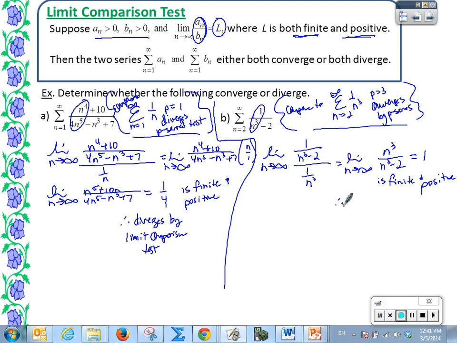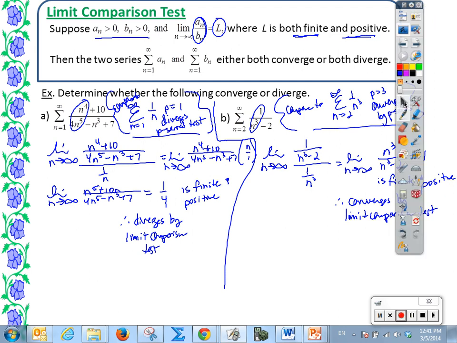Therefore, what is our conclusion? Therefore, yep, it converges by the limit comparison test. All right. So those are our 2 new tests.